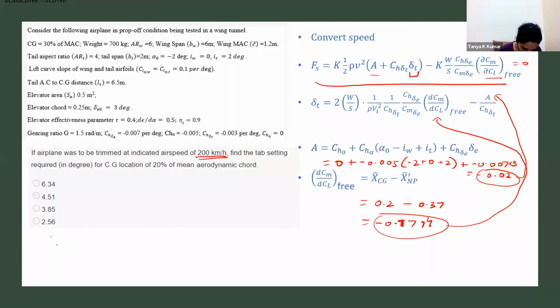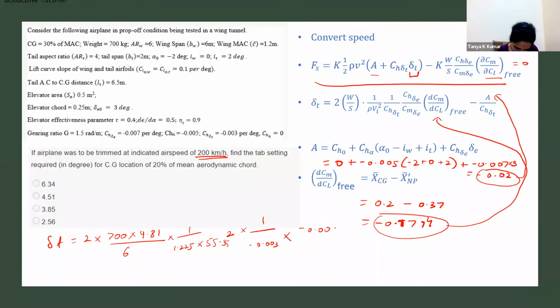So your delta tail is 2 into weight, 700 into 9.81, by 6, times 1 by 1.225 into VI squared, where VI is 55.55 meters per second, into 1 by CH delta T, which is minus 0.03, into CH delta E, which is minus 0.007, by CM delta E. How much was CM delta E?